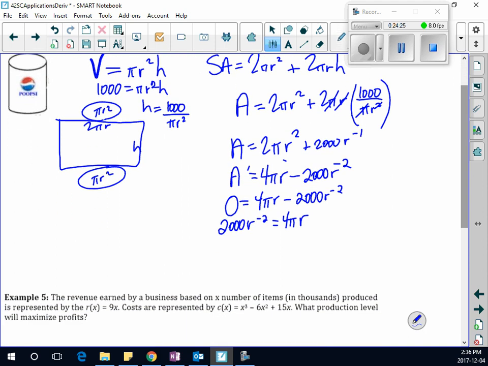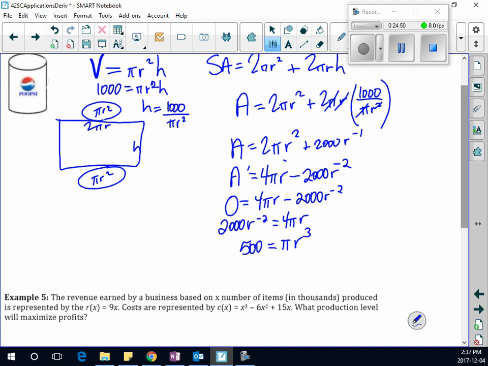So if I multiply by r squared to both sides and divide by 4, I will get 500 r cubed equals pi. Sorry, I did that wrong, didn't I? I'll try that again. 500 equals pi r cubed.